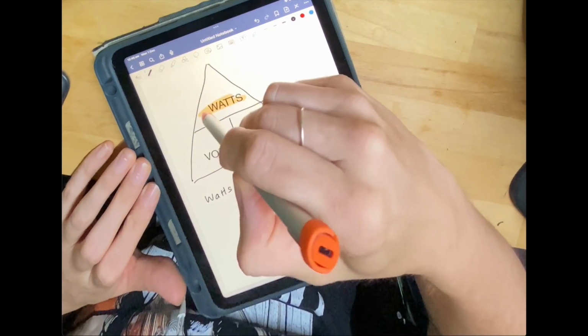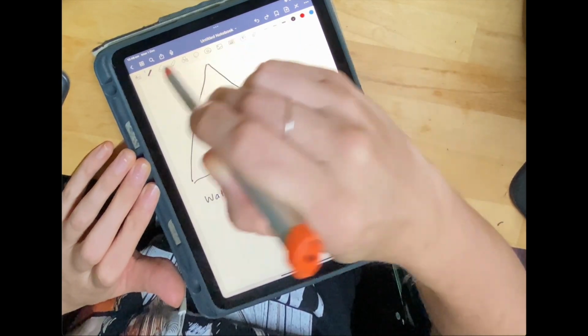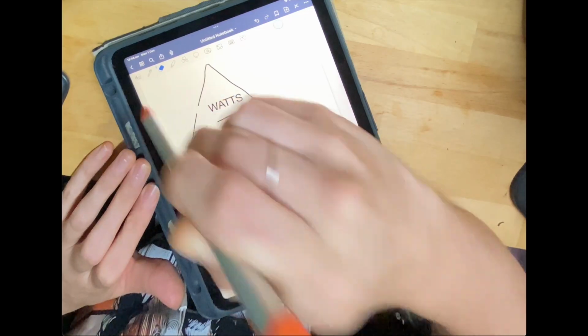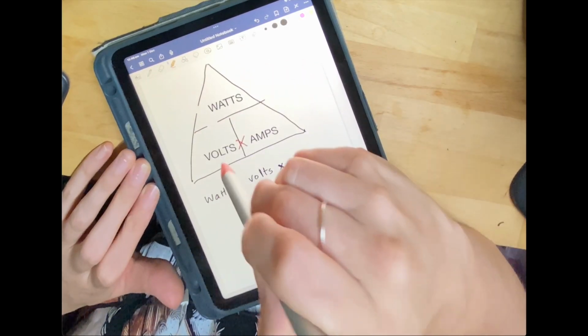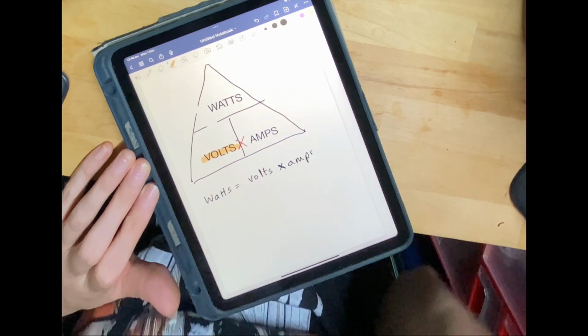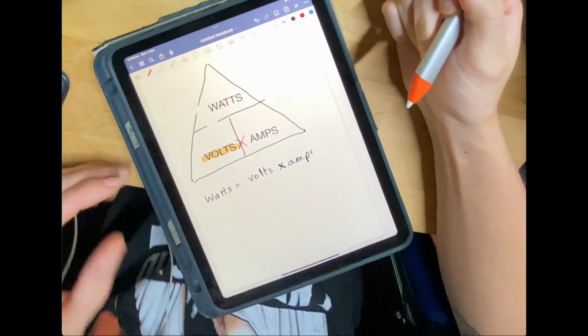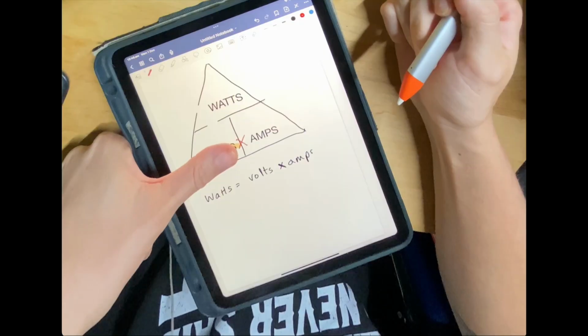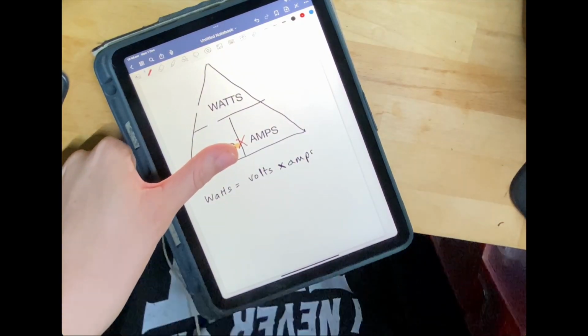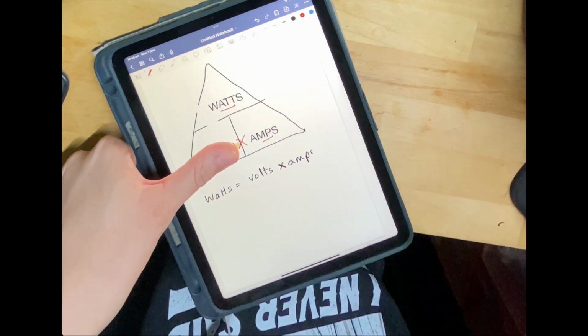Okay, that's fine. What if we want to figure out, Rosie, what the volts are? Well, that's fine. Let's use the same little trick. So we'll cover volts. What do we need if we want to find volts? We need both watts and amps.